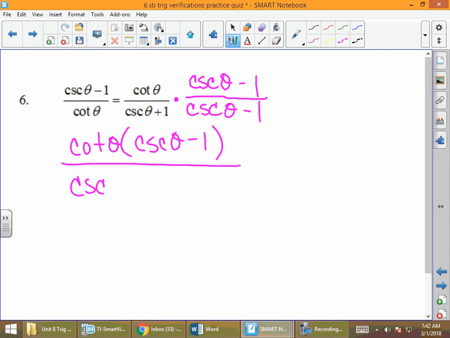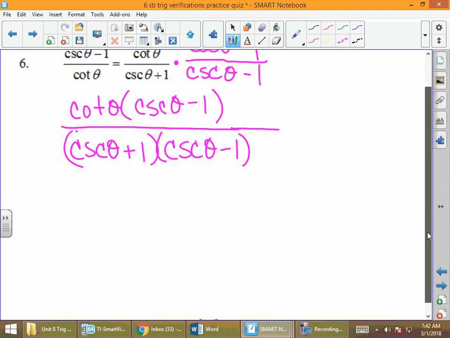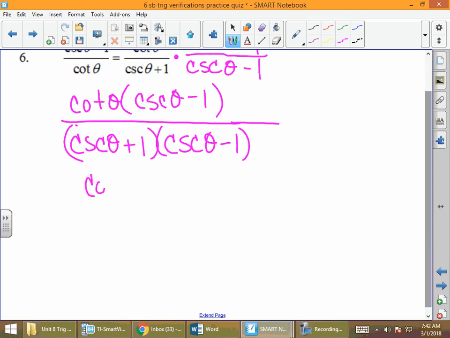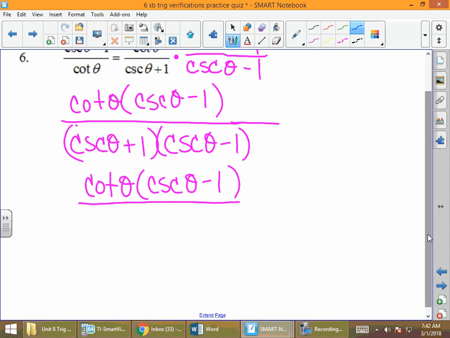I'm going to spend my time here for a couple minutes multiplying cosecant of theta plus 1 times cosecant of theta minus 1. And that's the double distributive property, or the FOIL, whichever one you may prefer. And we still have the cotangent of theta in the numerator times the cosecant of theta minus 1. But down here in the denominator, cosecant times cosecant.